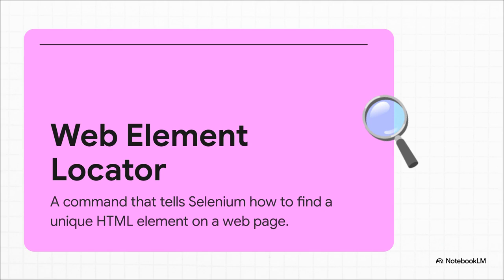So a locator is essentially a query. It's how our script asks the web page questions like, hey, where is the element that has the ID of username? Or find me the button that has this specific name. It basically turns a human's visual scan into a precise code-based lookup.